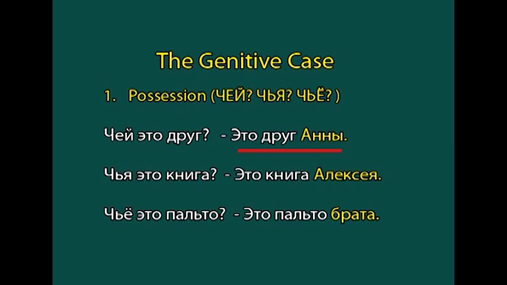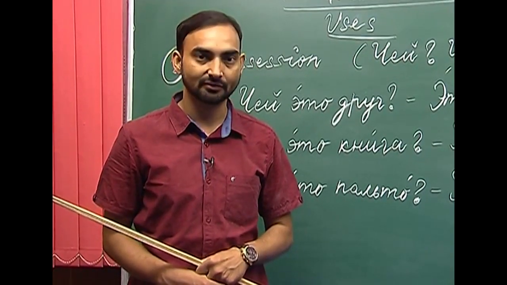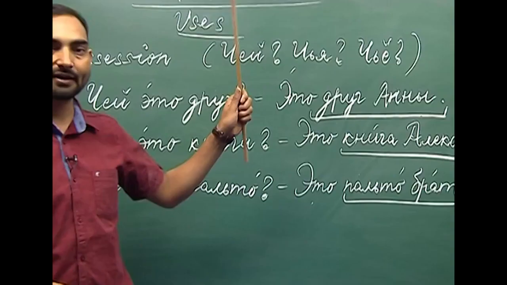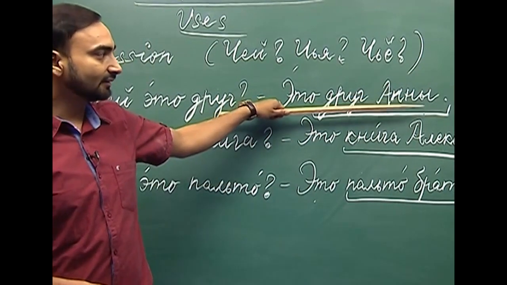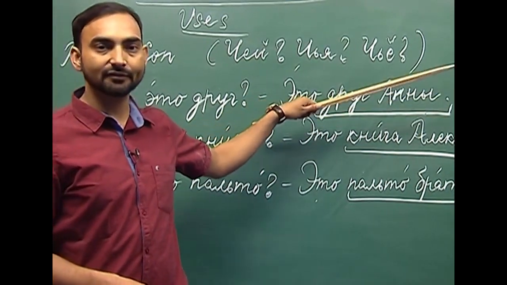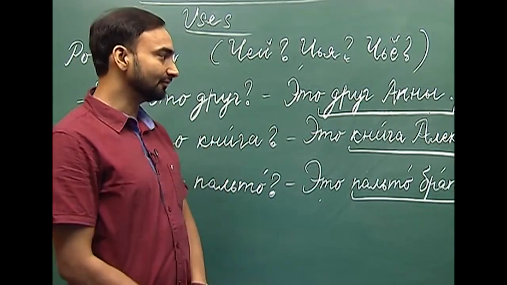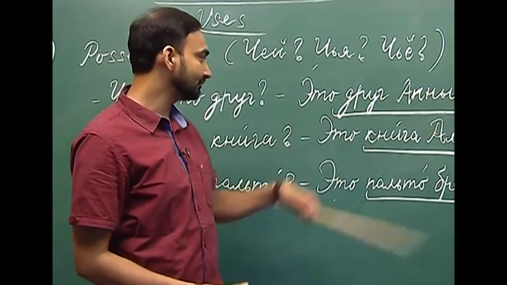And as we know, in English we use an apostrophe to show the possession, but in Russian we do not use anything like that. We only use the genitive case form of the noun. So, here this Анны is the genitive case form of the noun Анна, which is a proper noun, a Russian feminine name.